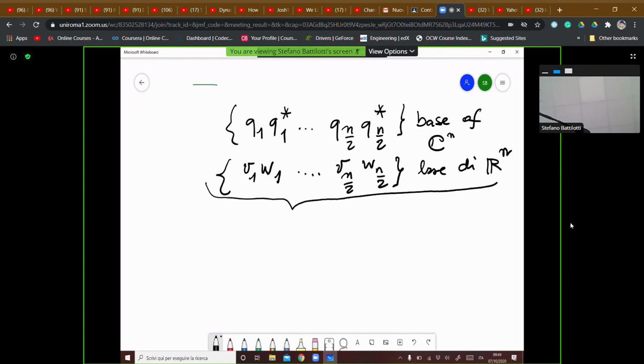Okay, so with this base, tomorrow, we'll basically do the same thing we did for the case of real distinct eigenvalues. So we will use this as our preferred basis.